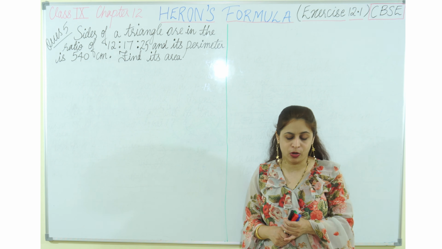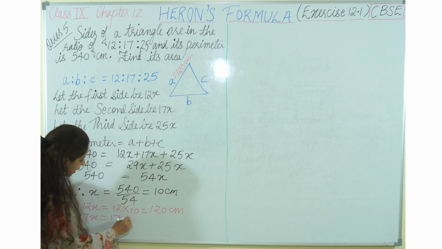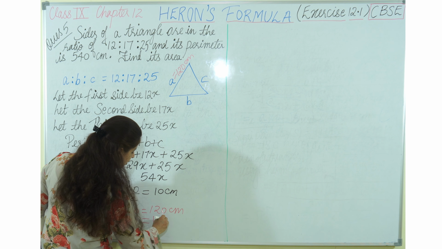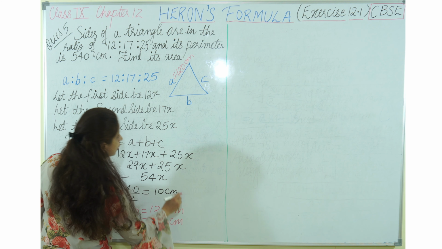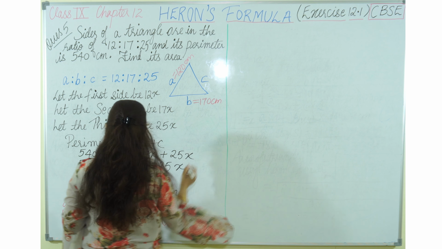So my first side is 120 centimeters. Then the second side, B, will be equal to 17x, which is 17 into 10, so that will be equal to 170 centimeters.